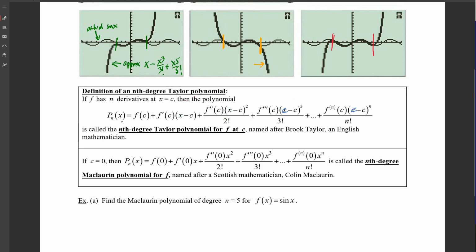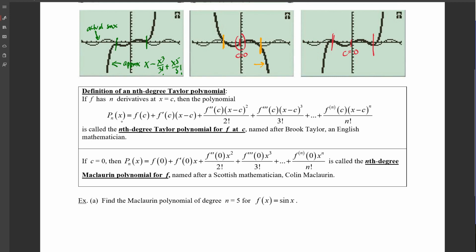So the best estimate that the polynomial makes for the function is always where x is equal to c. So here c was equal to 0 because when we wrote this polynomial, we centered the polynomial at x equals 0.